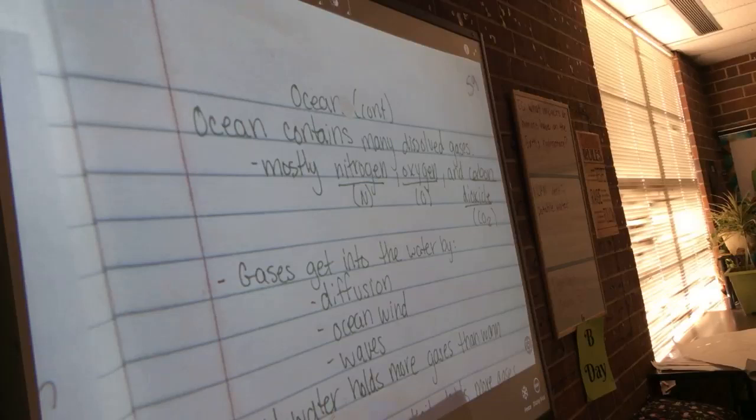So waves mix the gas with the water. We don't always have that on fresh water. Some moving water may be able to mix gases in better, but usually your standing water, like your lakes and your ponds, they don't have a lot of natural movement like oceans do.